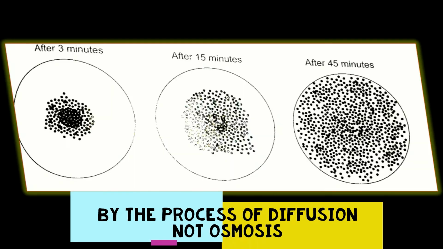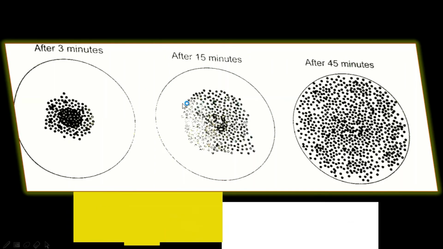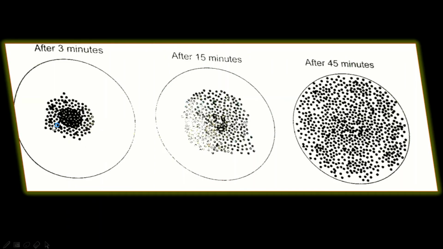Now, coming back to our experiment, if this is where our potassium permanganate is, and it's in water, then by the definition of diffusion, your solute should diffuse from where it's highly concentrated.